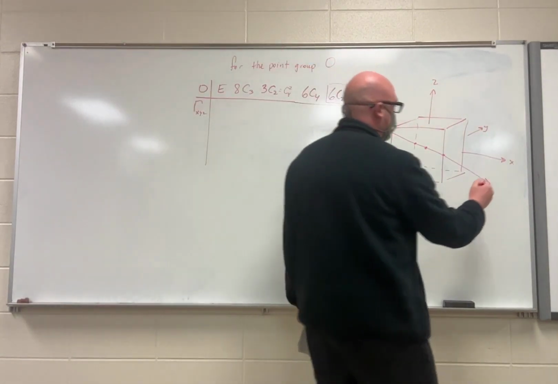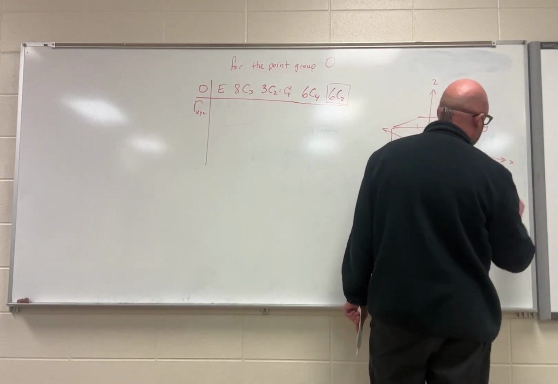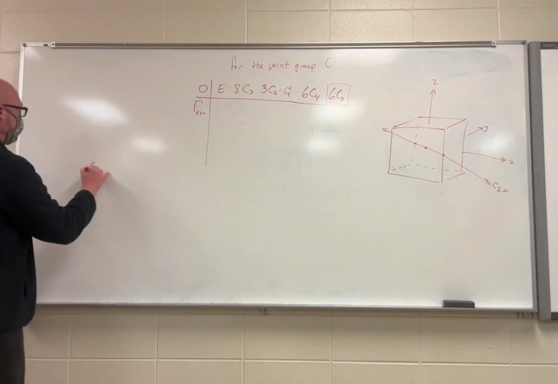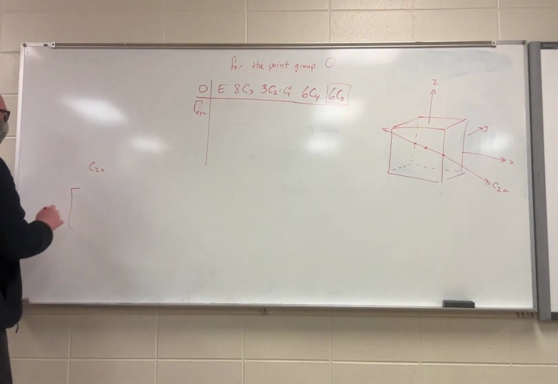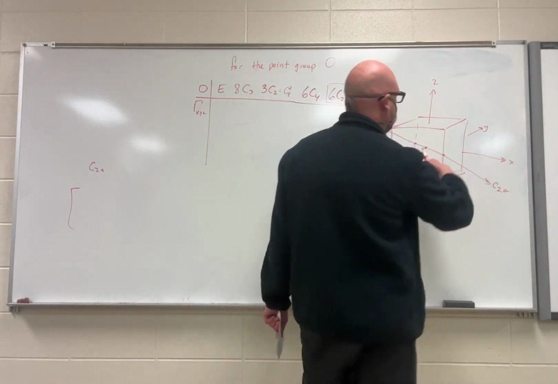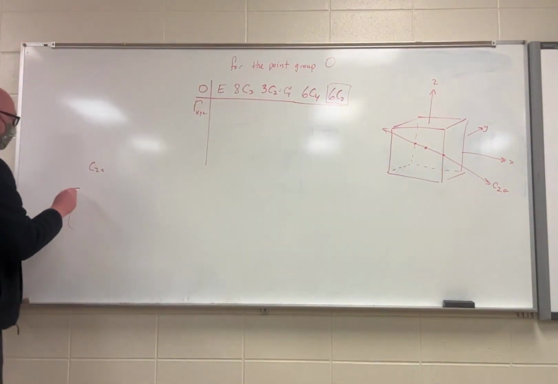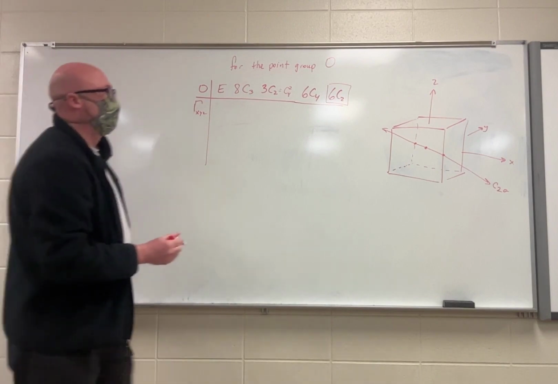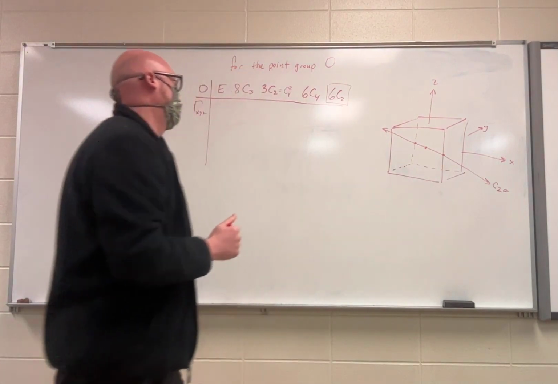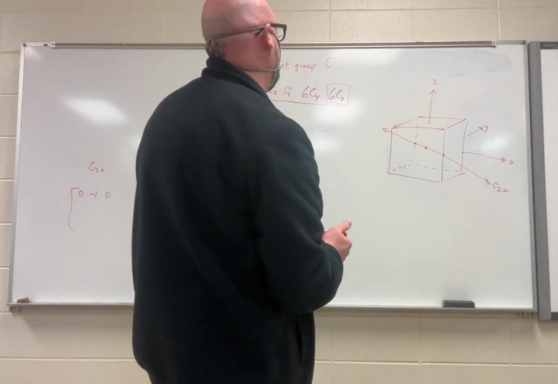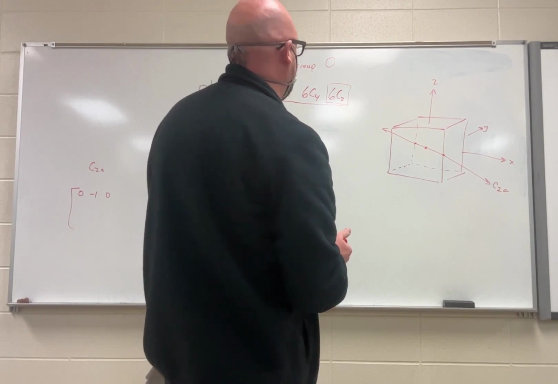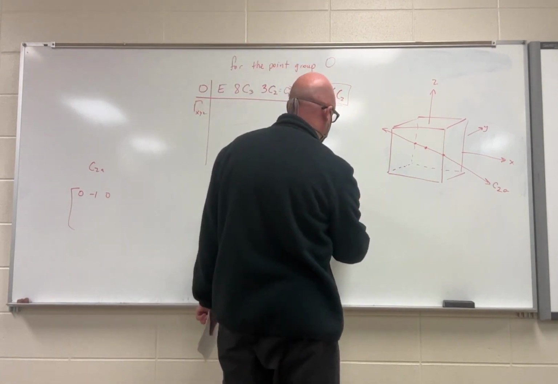Then if we call this one C2A, then the transformation matrix for C2A would take X to -Y. Let's draw it like this so it's easier for me to understand it.